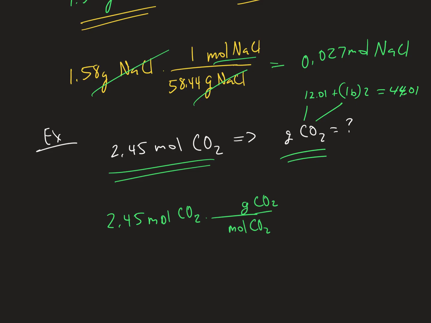And I know we have 44.01 grams of CO2 for every 1 mole. Moles go away. I'm left with grams. That's what I'm looking for, so I can stop converting. 2.45 multiplied by 44.01 is 107.82 grams of carbon dioxide.